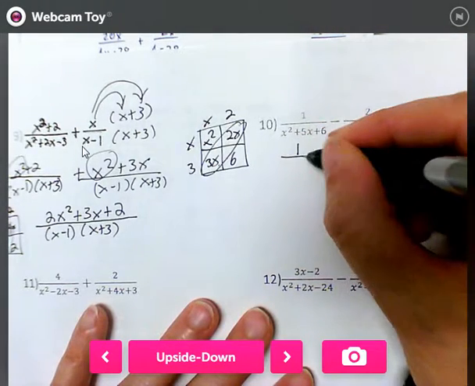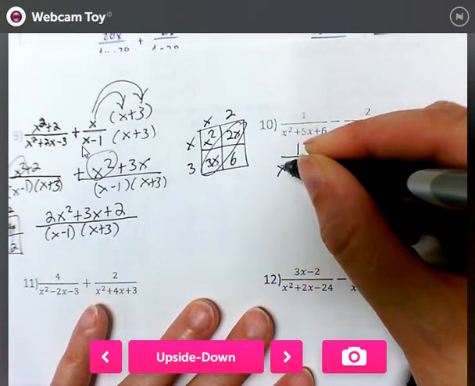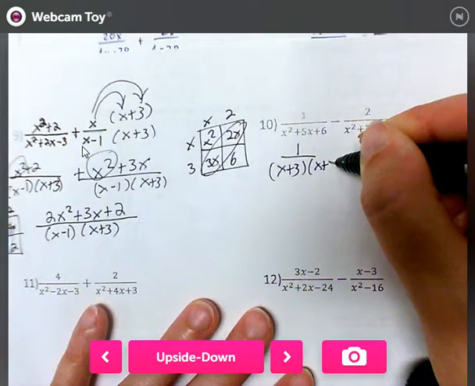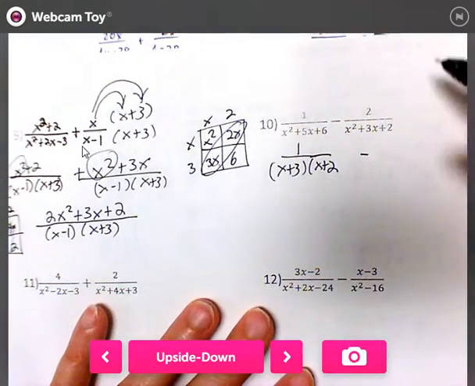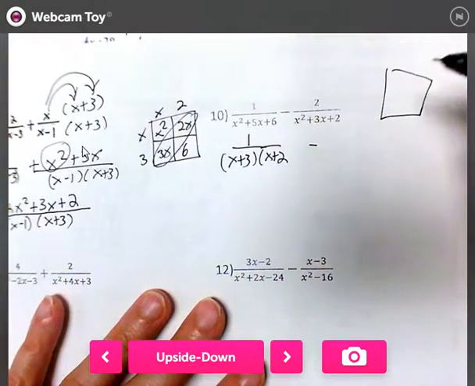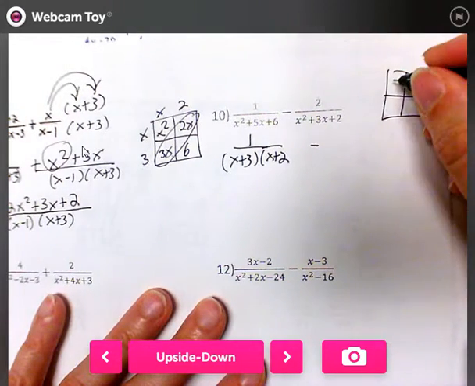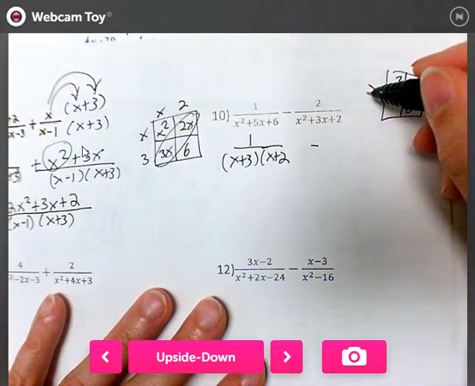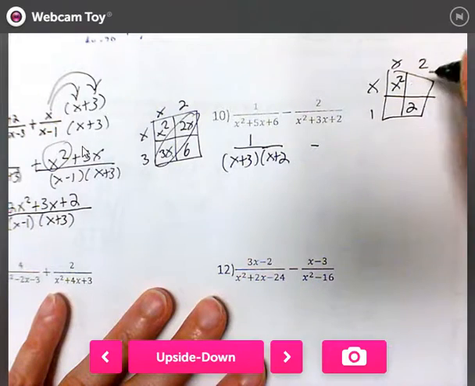So I've got 1 over x plus 3 times x plus 2 minus, and over here, I know I have x squared and 2, so 2 and 1 is it. That gives me 2x and 1x. Those add to give me 3.